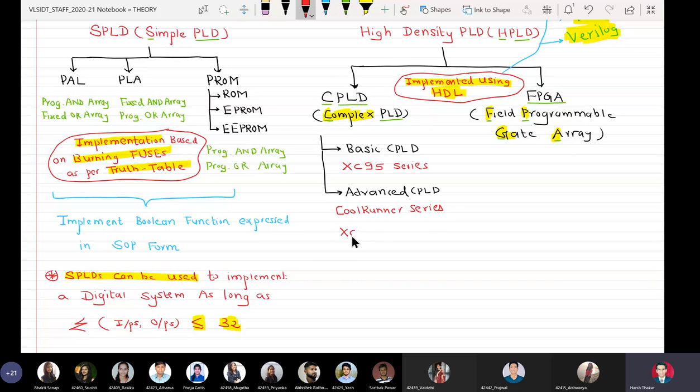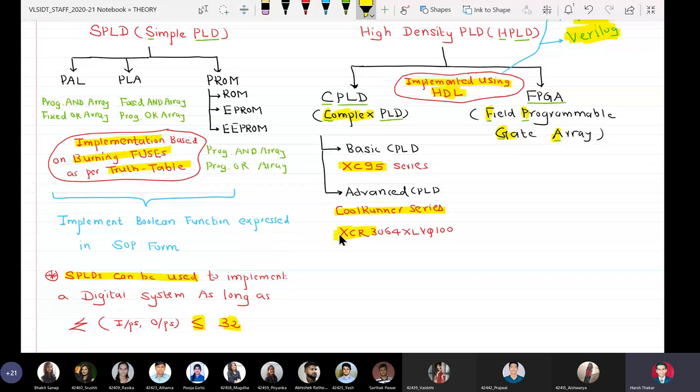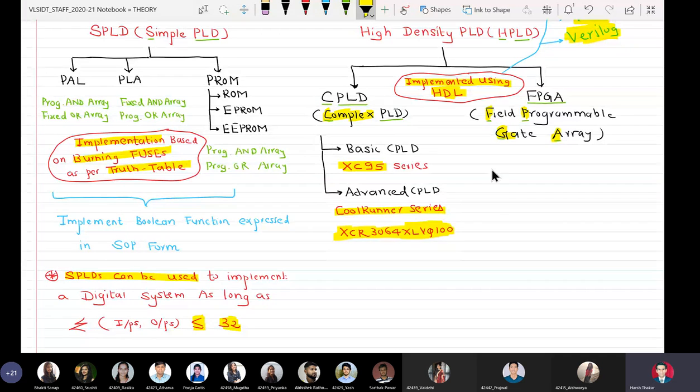Standard numbers are XCR3064XL VQ100. This is the big IC number. Okay, so we have XC95 series. Just like in voltage regulators, we have 78XX series positive regulators. We have 79XX series, that is negative voltage regulators. Similarly, we have XC95, which is called basic CPLD series, and then advanced we have CoolRunner, and the IC number is XCR3064XL VQ100.